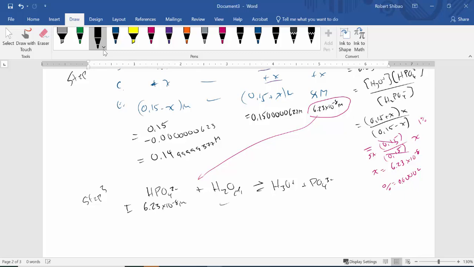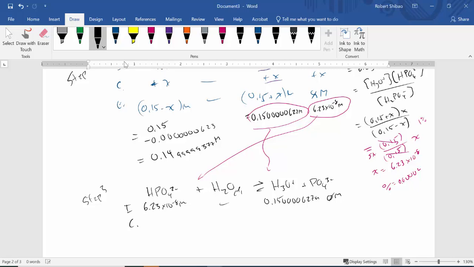Water is a pure liquid. And the initial hydronium, I'm going to carry down from step 2, is going to be 0.15. I'm just going to use the value from the simplifying assumption. I know I can't have as much confidence in this value, but for the purposes of this problem, it's enough. And the phosphate, we're going to assume nothing has hydrolyzed yet.